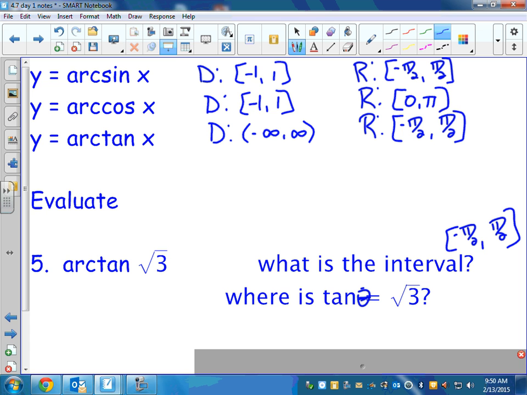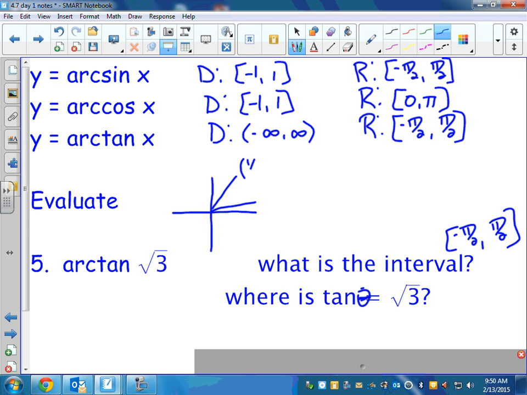Tangent is what ratio again? Y over x. So we're looking for where the y is square root of 3 and the cosine is 1, because the 2's are just always going to cancel out. If I'm stuck between negative pi halves and pi halves, it's going to have to be up here. Pi sixth? Pi thirds? That's the question.